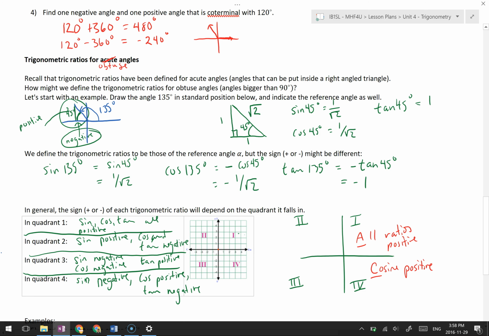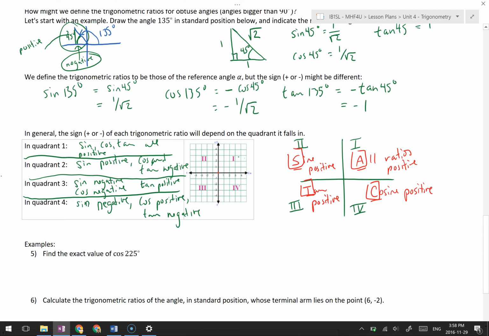In quadrant 2, the sine is positive. And in quadrant 3, the tan is positive. And so you can remember this by going C-A-S-T, which spells cast, but that C starts in quadrant 4, which some people confuse and put C in quadrant 1. So that is the CAST rule.